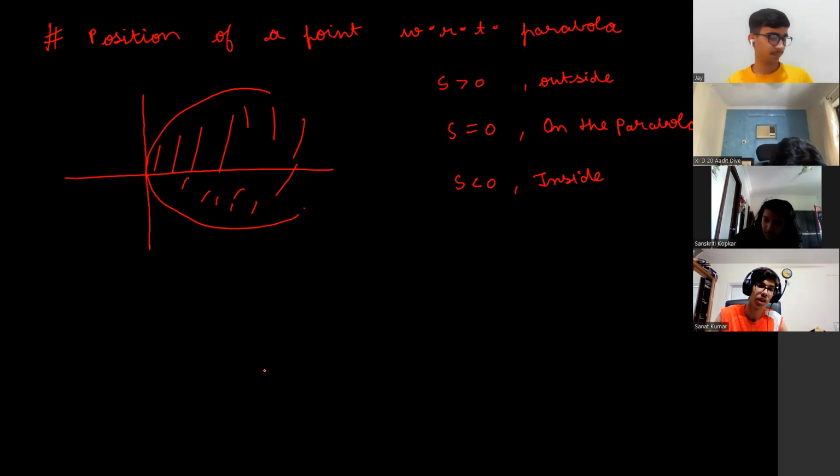So like we take the distance from the point to the focus? No, it's not like that. In a circle, you used to calculate the distance of the point from the center, and if it's greater than the radius, the point is outside.